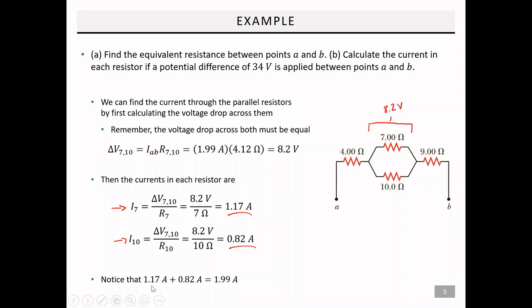So notice that if you add together the total current flowing through the 7 and the 10 ohm resistors, you do get that 1.99 amps that's flowing through the rest of the circuit. And also note that the path that has more resistance, the 10 ohm path, sees less current. So more current flows through the path of least resistance. We'll talk more about that later.